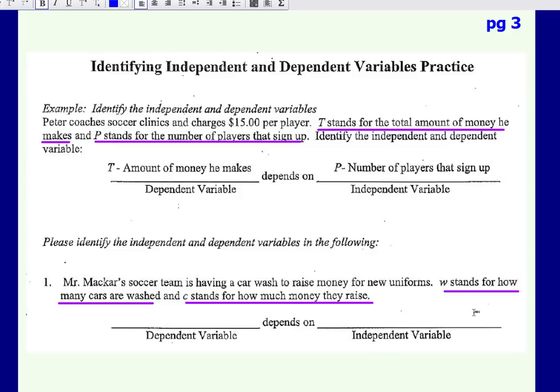But how much money they raise depends on how many cars they wash. They're going to raise a lot more money washing 50 cars than washing 2 cars. So that dependent variable, we're going to fill this in, should be C, money raised, and I'm just going to abbreviate here. It depends on our other variable W, which is how many cars are washed.